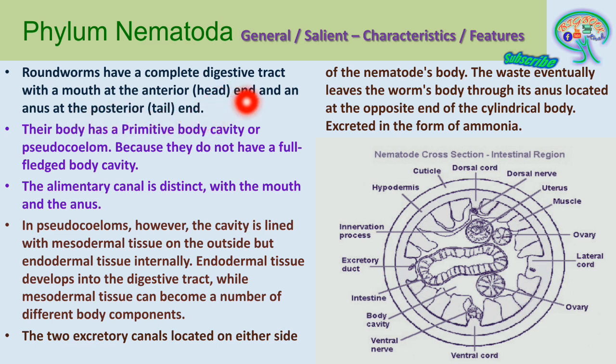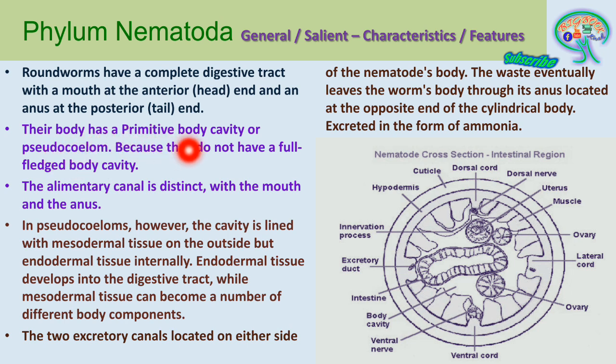With the help of this observation, the roundworms have a complete digestive tract. As we are observing the head and the tail, it is obvious that the digestive tract is present in the nematodes.